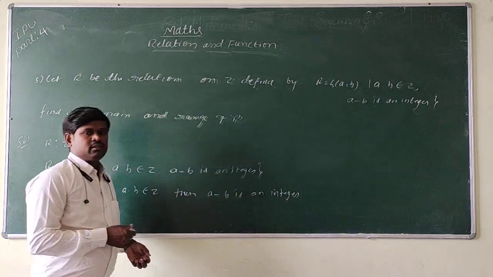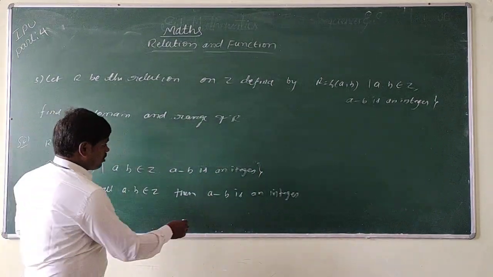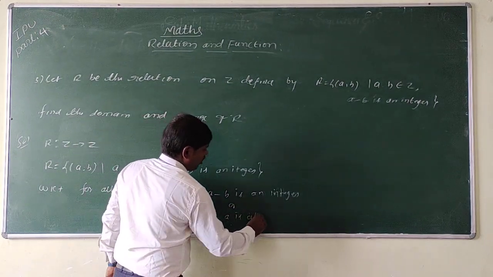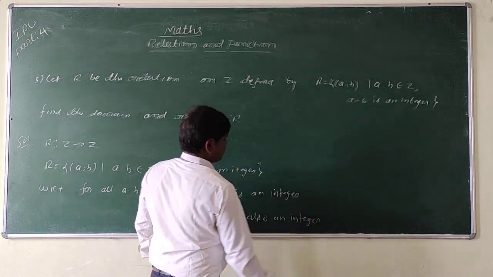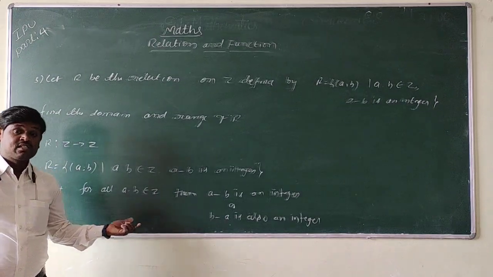The subtraction of two integers is again an integer, so b minus a is also an integer.